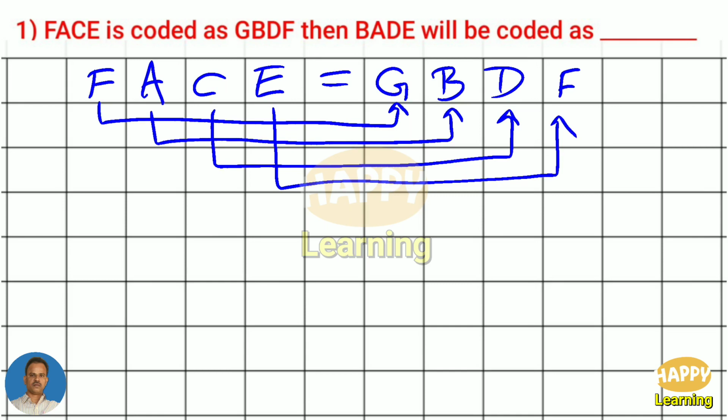F to G in alphabets, EFG, so you are moving to the next step. Similarly, A to B, you are moving one step, so write +1 here. C to D, +1. E to F, +1.